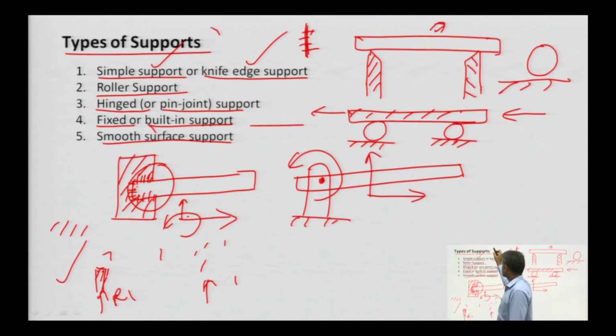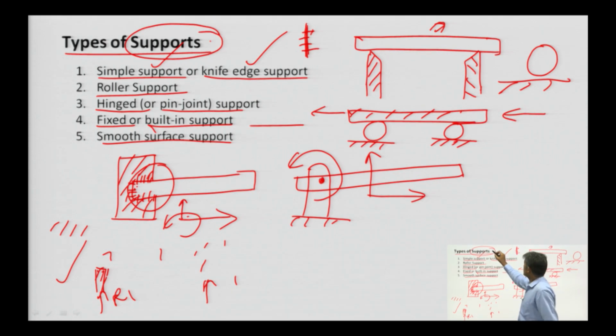So finally, what is the purpose of the support? The purpose of the support is to restrict degrees of freedom. In simple support, a knife, only vertical movement is restricted.